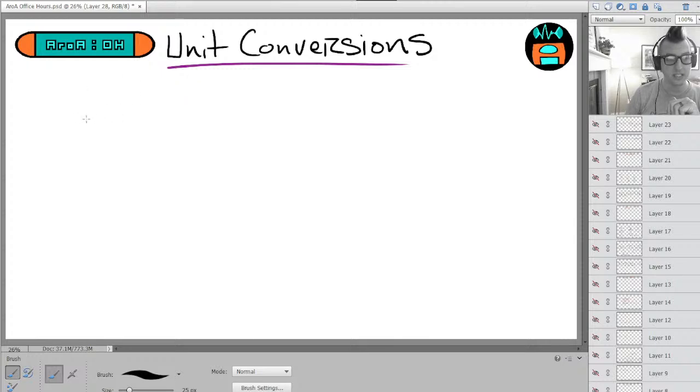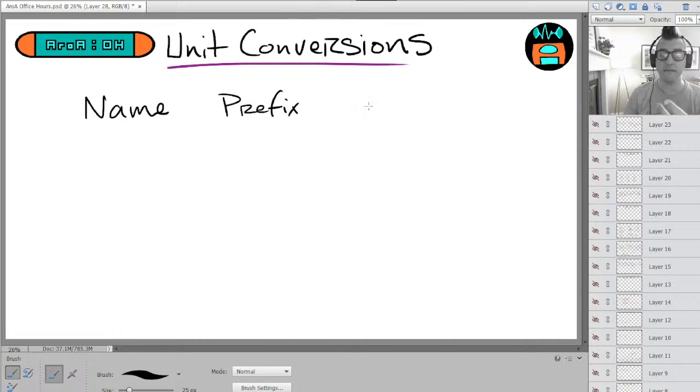In the metric system, we use a system of prefixes to modify the units that we're using. The basic unit for mass is grams, length is meters, volume is liters. But then we can modify those units with these prefixes to specify them.